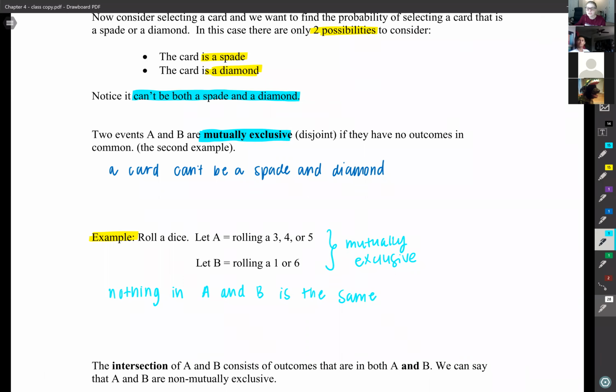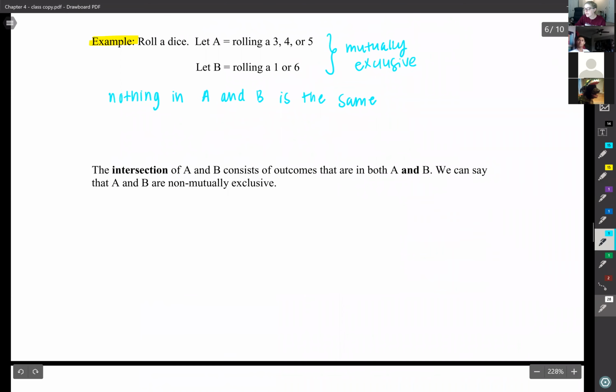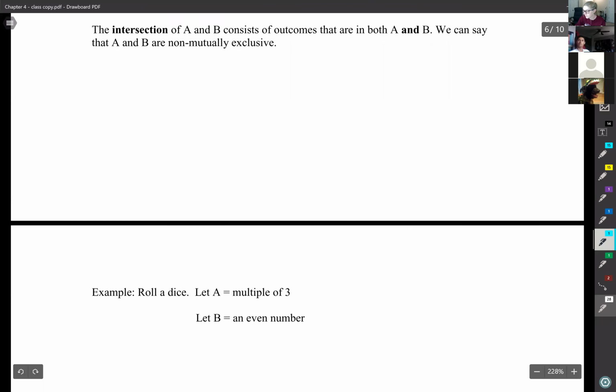Okay, and then we talk about another, like the opposite of this, basically. And this is the intersection of A and B consists of outcomes that are in both A and B. And so you could say that A and B are non-mutually exclusive if there's things in their intersection. So let's look at this example.